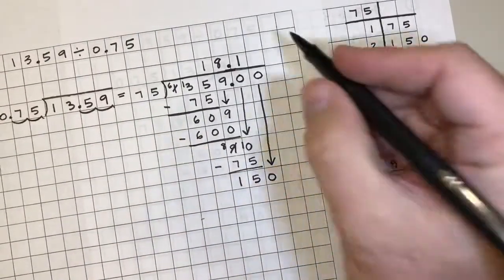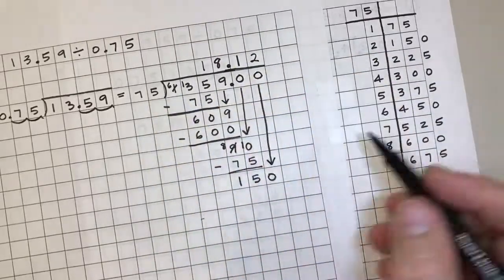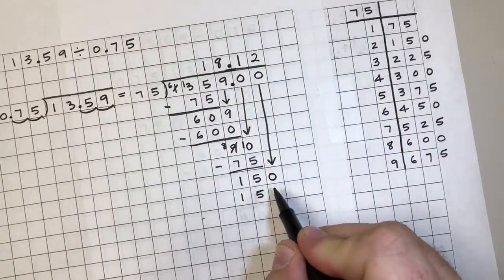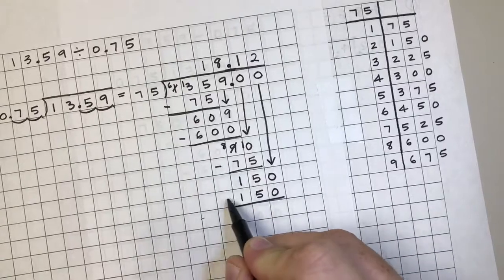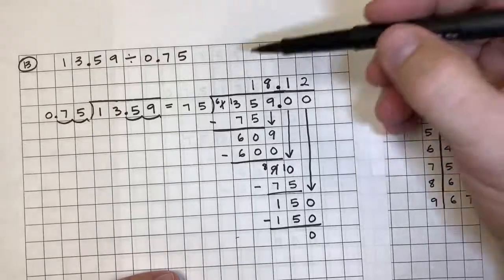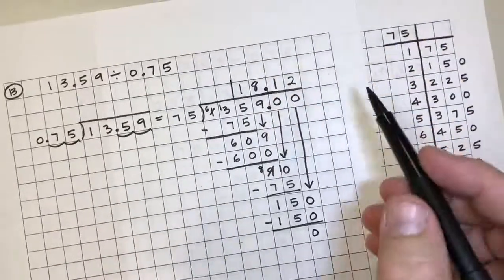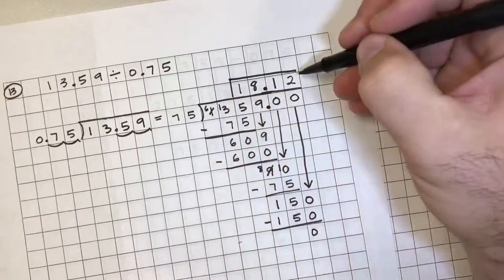So 75 goes into 150 2 times. 2 times 75 is 150. When I subtract, I get no remainder, and so my answer is 18.12, or 18 and 1200ths.